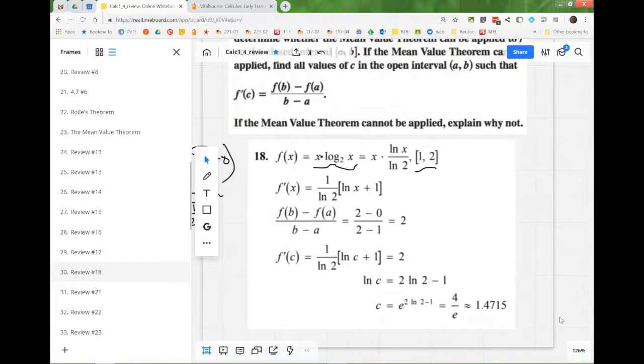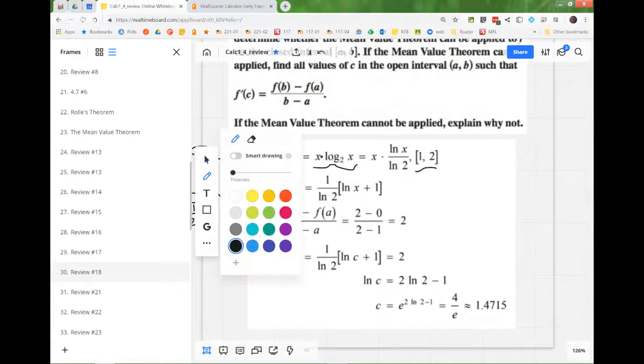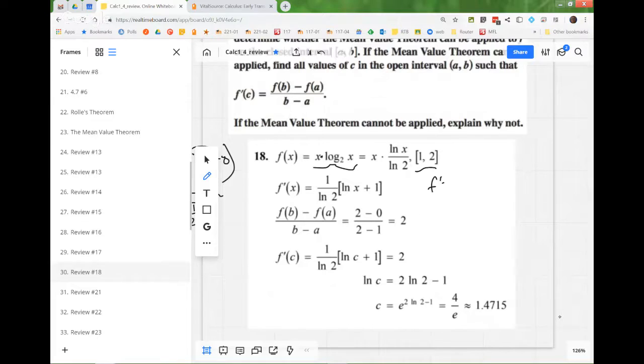Anyway, I would have gone the first. Let me just write this off to the right. F prime: the first times the derivative of the second. How do you take the derivative of that? Well, it's 1 over that thing. But besides being 1 over that thing, you've got to multiply the denominator by the natural log of the base. And the base was 2.